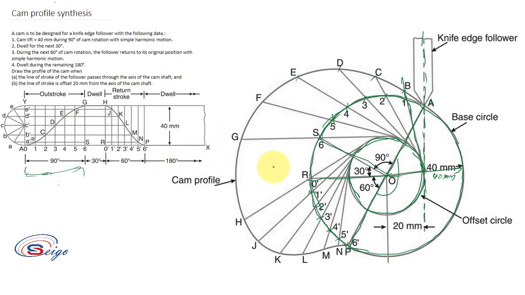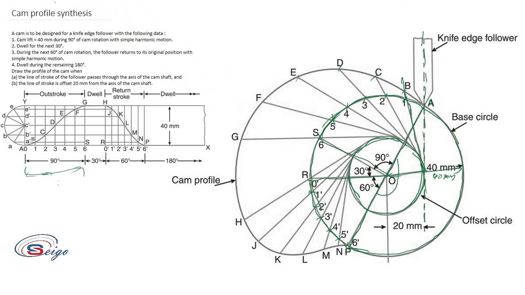After that there is a dwell, and after the dwell 0 dash H, then 1 dash J, 2 dash K, 3 dash L, 4 dash M, 5 dash N and 6 dash P, that is point 6 dash. After that the remaining is dwell.